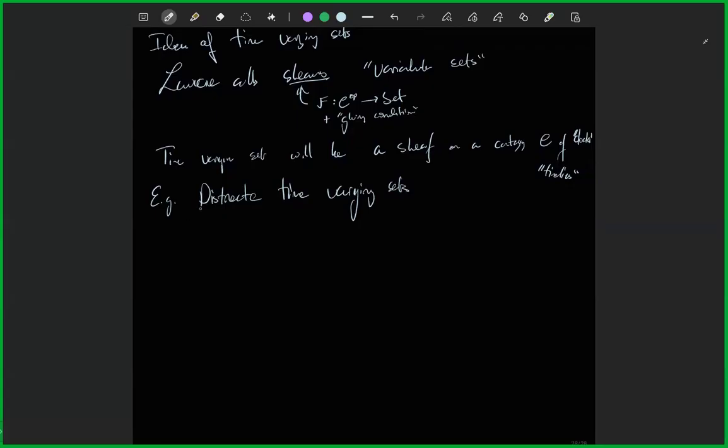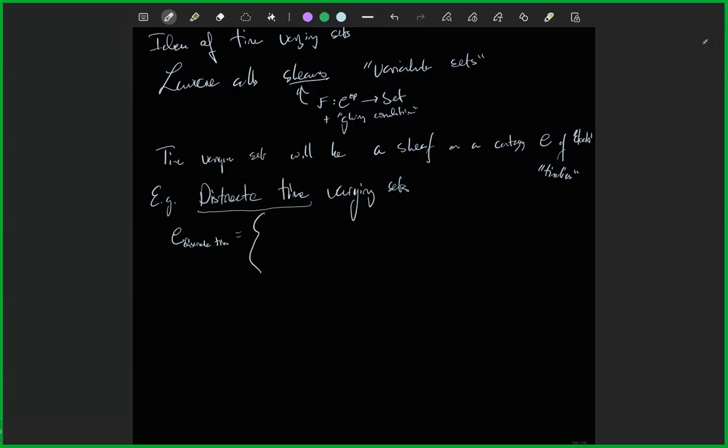So discrete time here is going to be an interval of individual steps that are taken, like tick, tick, tick, with nothing in between. So the definition for C, discrete time, will be this category.